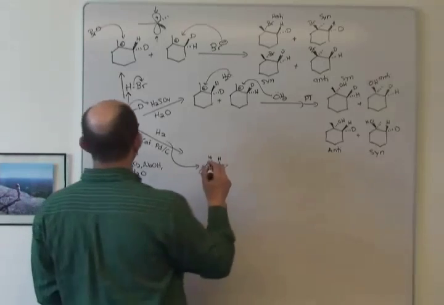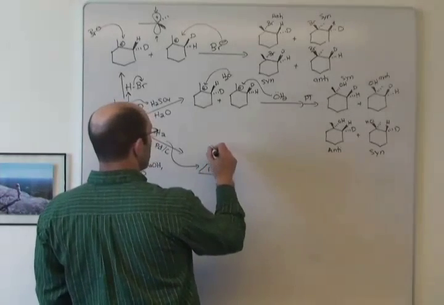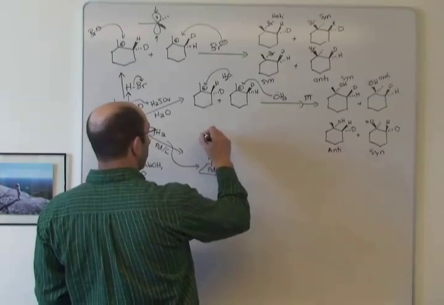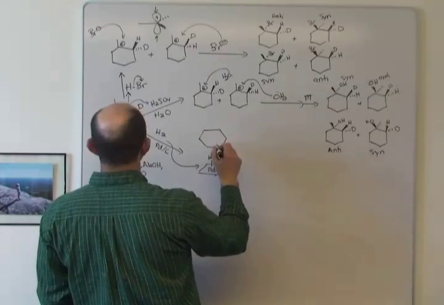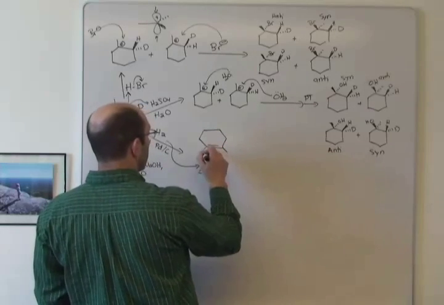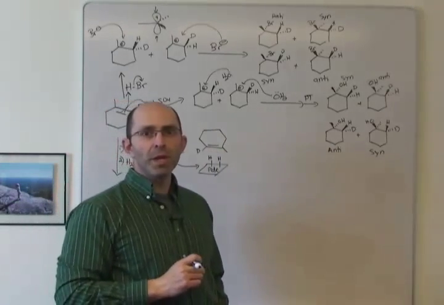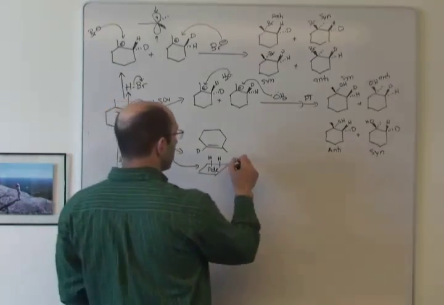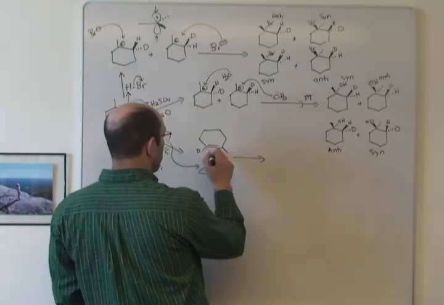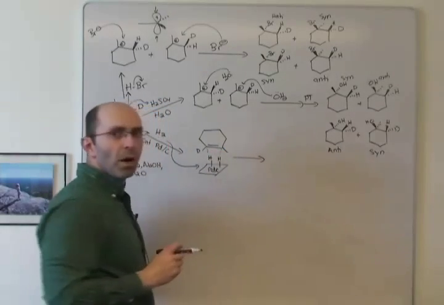Right? And then what happens when you do this reaction is that you have the alkene, and the alkene is going to react with the hydrogen such that you're going to make your 2 new bonds.